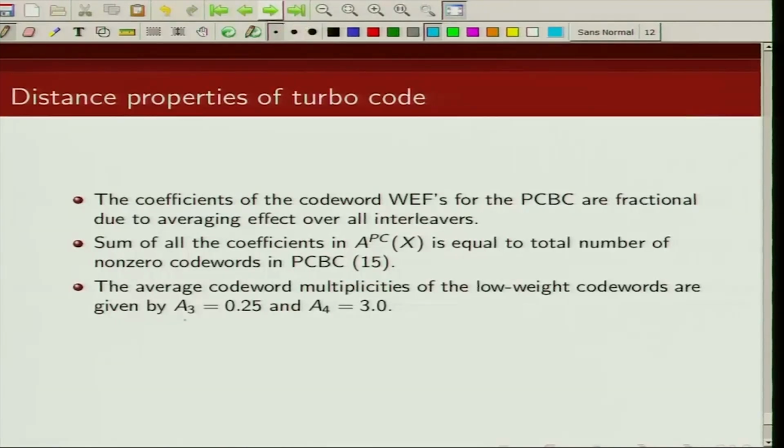And you can also see that the average code word multiplicity has reduced. It is 0.25 corresponding to input of weight 3, and it is 3 corresponding to input of weight 4.